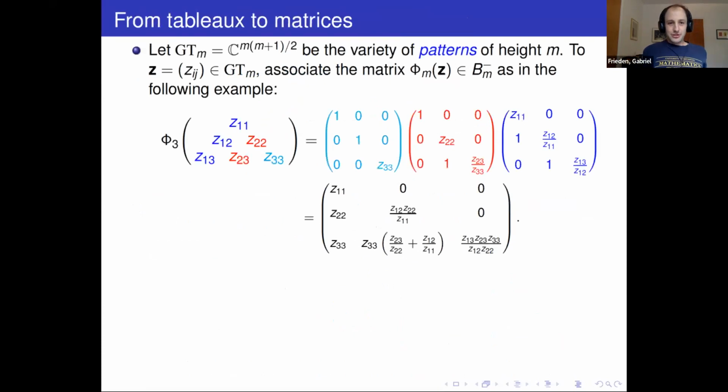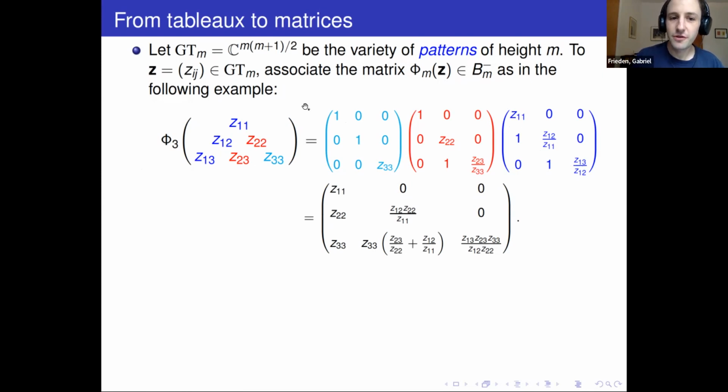Now, just like we did with rows, instead of having non-negative integers satisfying some inequalities, we just let these Zij be any complex numbers. And instead of calling these things GT patterns, I'm just going to call them patterns to distinguish them. We want to associate a lower triangular M by M matrix to each pattern, and we do a slight modification of those matrices that we associated to rows.